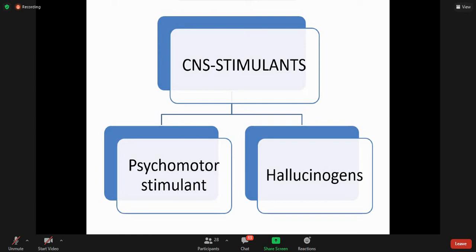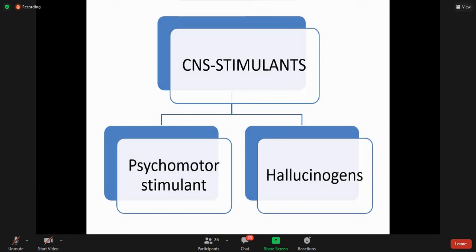And there is another derivative of amphetamine that is called ecstasy. Fortunately, this is not being used commonly in our society, in our community, but abroad, people who go to nightclubs use these compounds to enhance their activity, muscular activity, or uplift the mood, right?